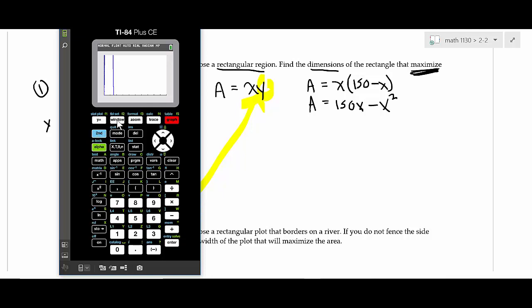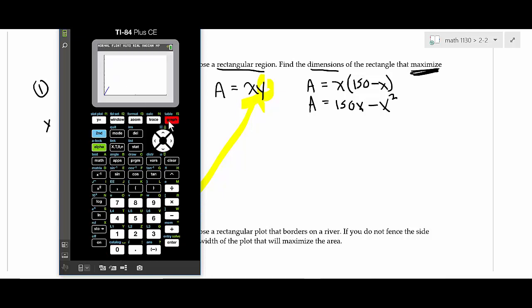For a window, and again you have to play with this a little bit, I'm going to try 0 to 200, scale by 100. The y's are going to be really big on this, so I'm going to try something like 10,000 to start with. I'm just taking a little guess on this one.